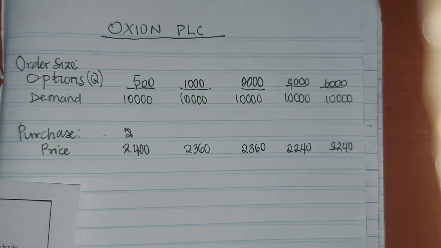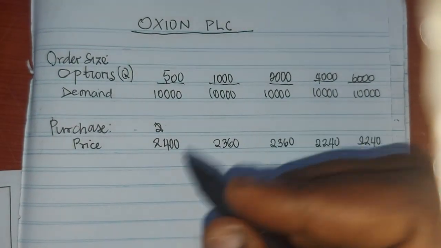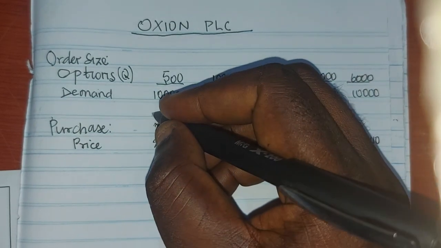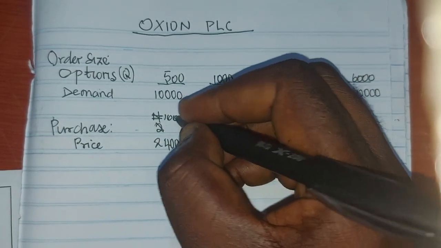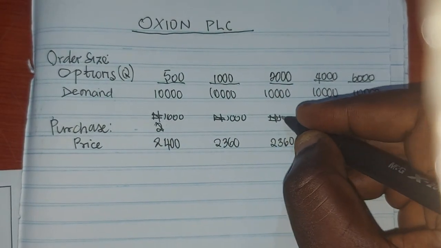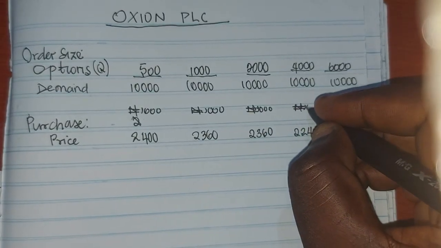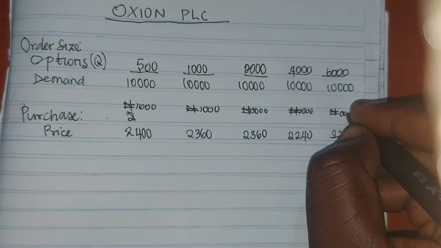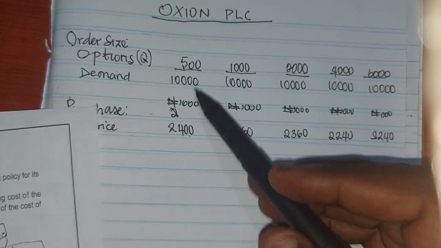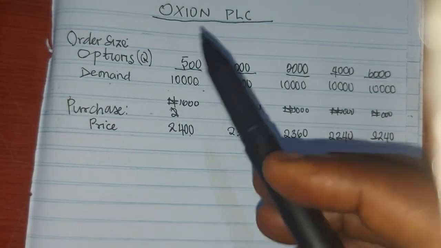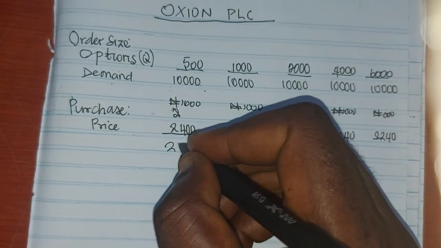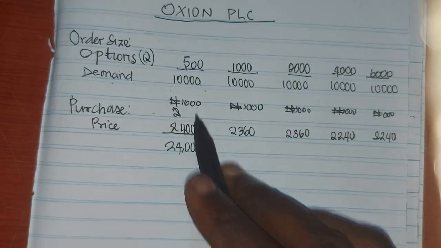Okay, class. Then all you need to do is to work in thousands. So you multiply by the quantity bought per annum, and that's the annual demand. Just multiply this with this. It's going to give you 24 million for the first.